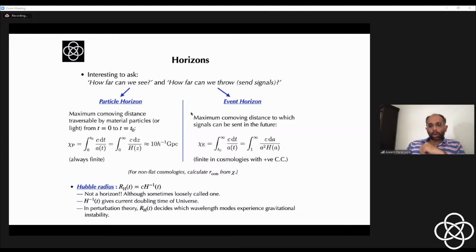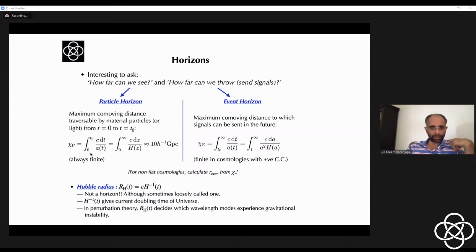So in contrast, the event horizon is something that you ask by starting today. Remember here, the integral went from 0 to t0. And now the integral is going to start from t0 because I'm throwing the signal from today and I'm asking at infinite time in the future, if such an infinite time is possible for this cosmology, how far would this signal reach? So that is again this integral.